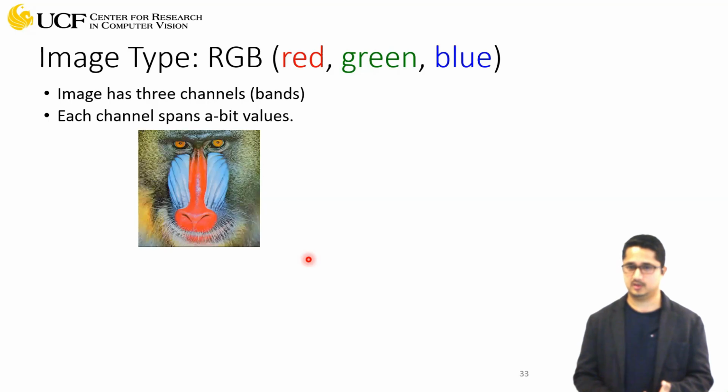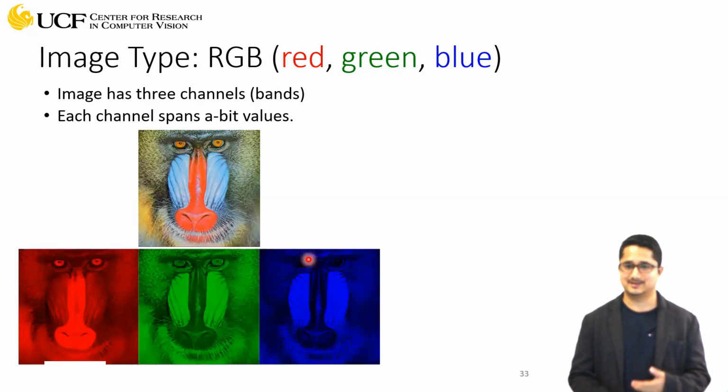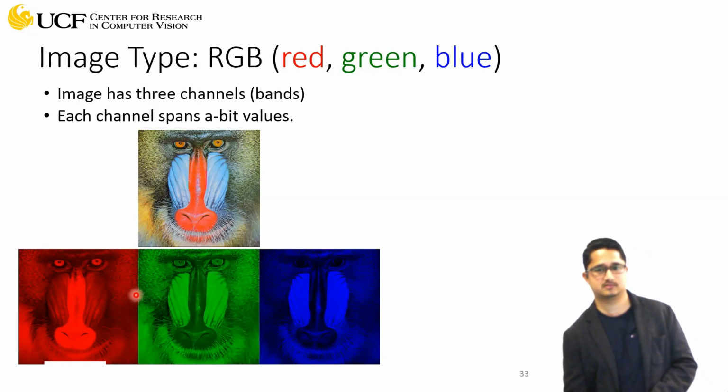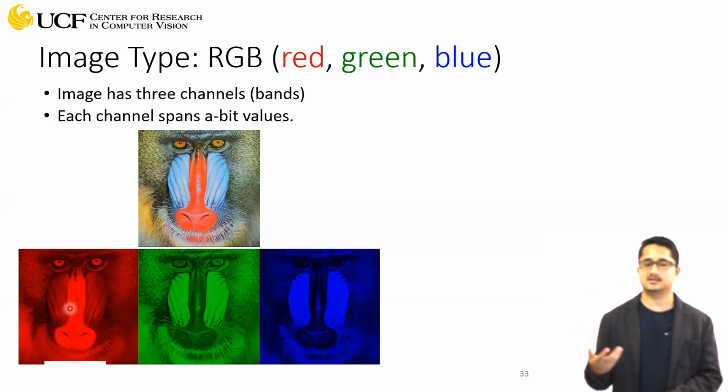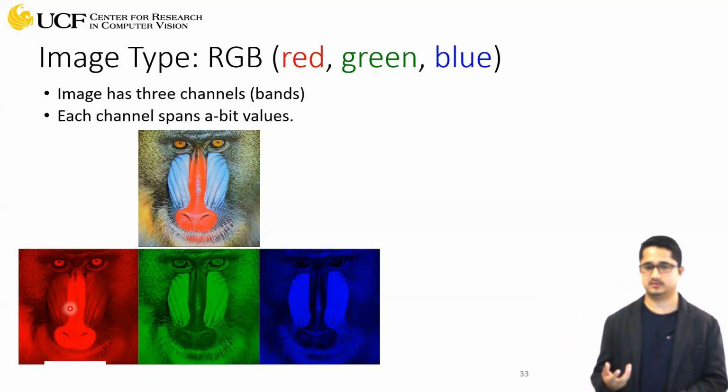All right, so this is the RGB image, but this is not just one channel. We have 3 different channels for this. R stands for red, this is green, and this is blue. Each of these images is represented exactly the way I described the grayscale image.